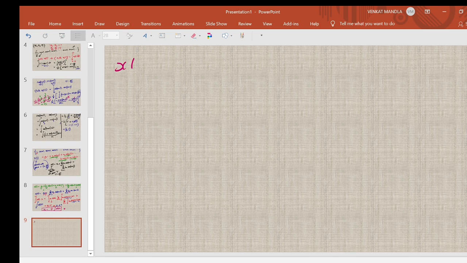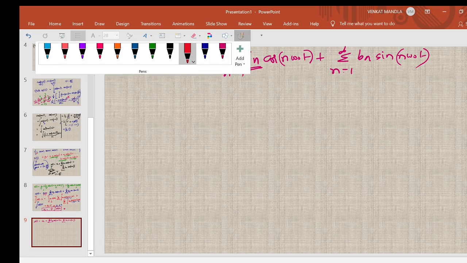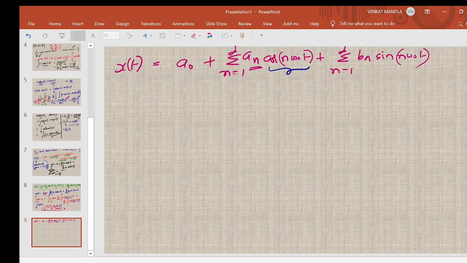Similarly, I want to find out an also. I have x of t is a naught plus sigma n equal to 1 to infinity an cos n omega naught t plus sigma n equal to 1 to infinity bn sin n omega naught t. So I want to find out this an, right? To find an, we have to do inner product with cos n omega naught t throughout the equation. So the inner product is x of t cos n omega naught t within the limits 0 to T. Then what do you get?